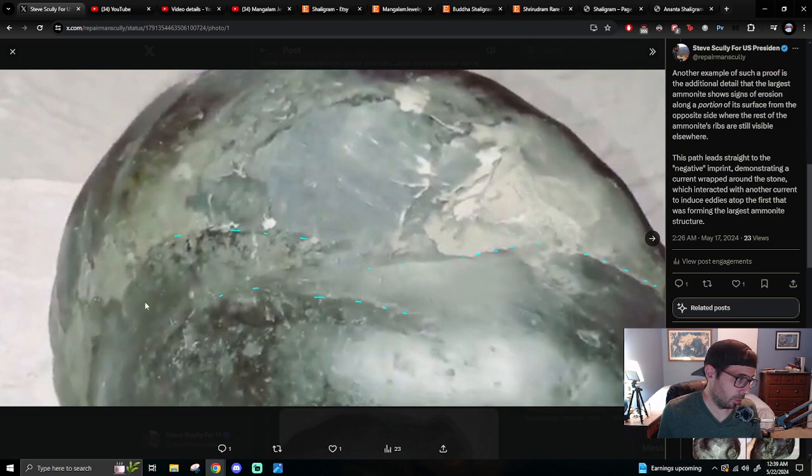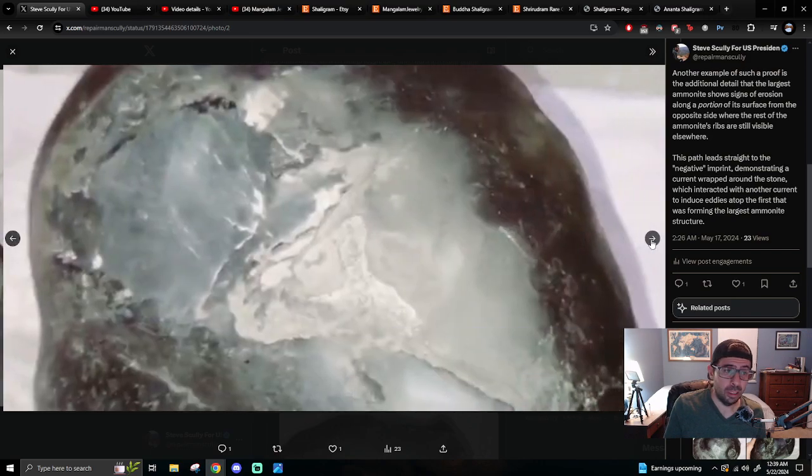So at this boundary there are signs of erosion along this way that become much more clear over here, and up here looks like erosion generally in this region happened, but in a specific current path.